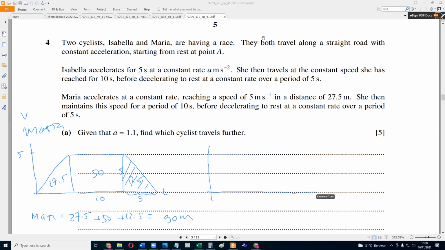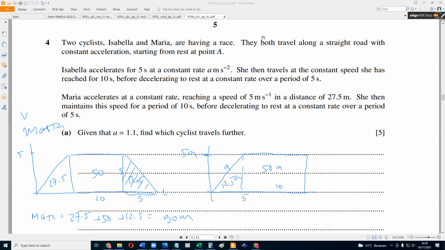For Isabella, we accelerate at a meters per second squared for 5 seconds, so the velocity is going to be 5a. Then we go for 10 seconds with the velocity 5a, times 10 is going to be 50a meters.